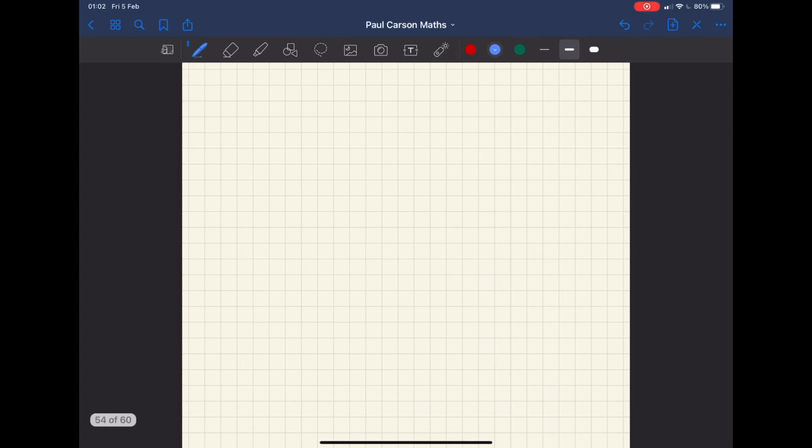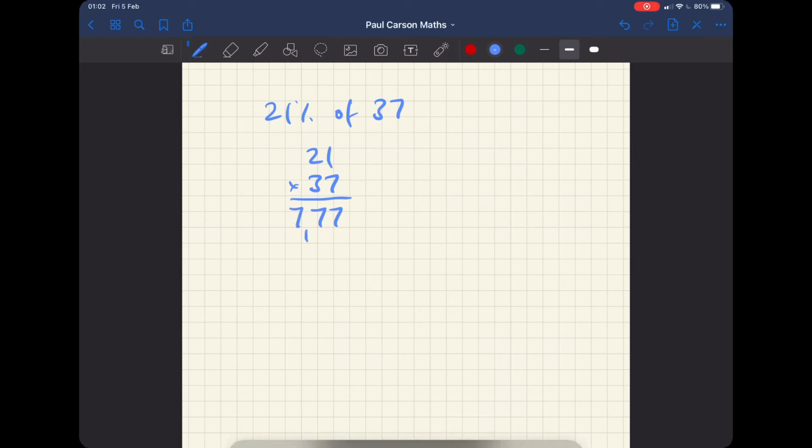Random choice, 21% of 37, so do 21 times 37. 7 7s are 49, 4 and 3 makes 7, 2 3s are 6, plus 1 is 7, divided by 100, 7.77. So in this way we can find any percentage of any number.